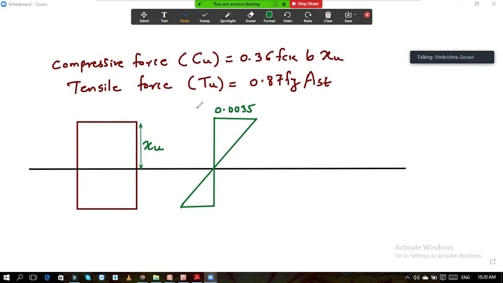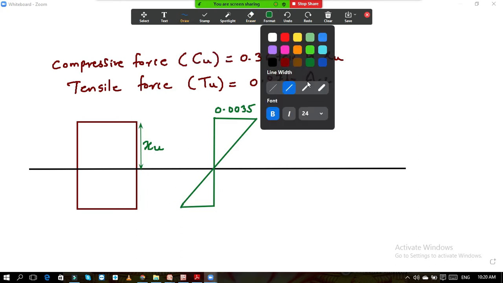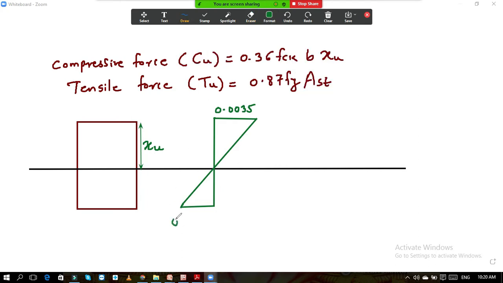Then what is your tensile strain? Now if I want to get tensile strain, then it is Fy divided by 1.15 ES plus 0.002, that we have discussed already. So I will write here, in simple wording, it is 0.87 Fy. This is the stress in the steel divided by Young's modulus of steel.